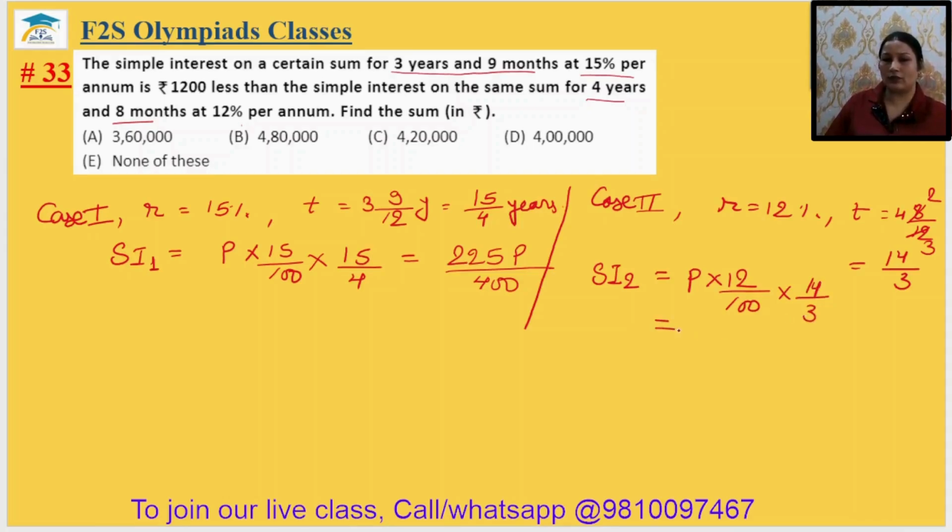When you just simplify it, so you will get 56/100. How? So 3 4s are 12, and 14 4s are 56. ठीक है, तो ये हो गया सिंपल इंटरेस्ट 2 हो गया आपका 56p/100.